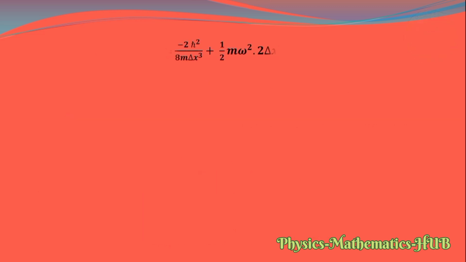Now, finding the derivative of the function E with respect to del x, we get dE divided by d del x is equal to minus 2 h cut square divided by 8m del x cube plus 1 over 2 m omega square times 2 del x, and this is equal to 0.